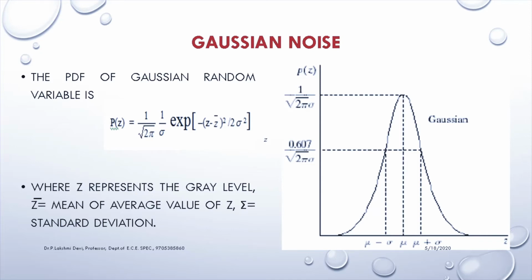Based on its standard deviation, we consider how the noise affects the image, independent of spatial location. So the probability distribution function of the Gaussian random variable is given by the P of z formula according to its mean and standard deviation or variance, and it has its effect on the images.